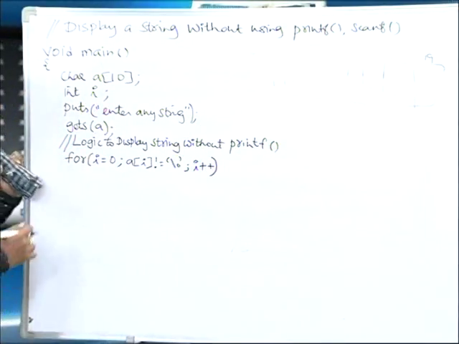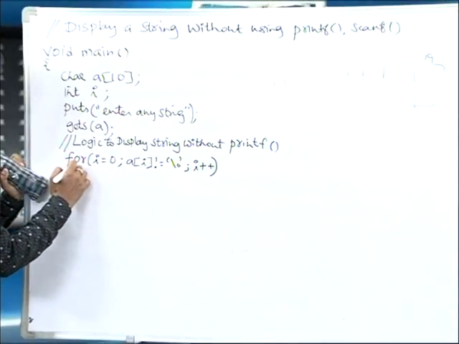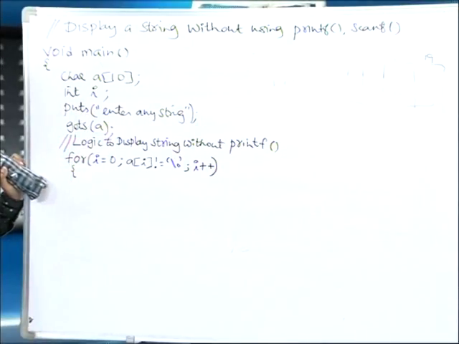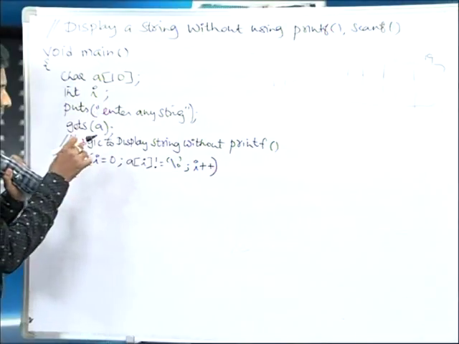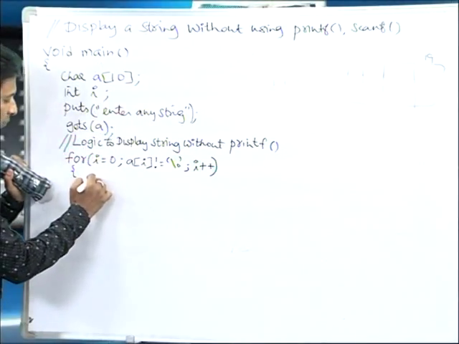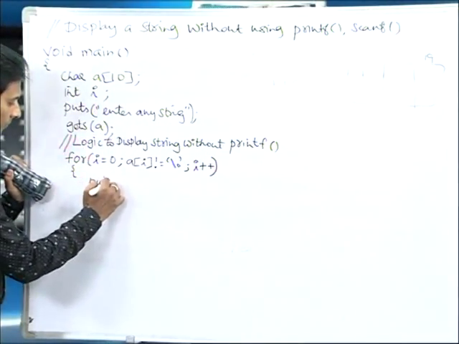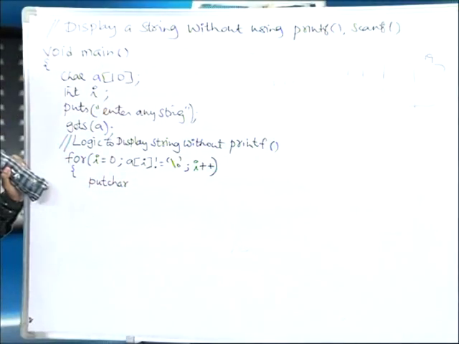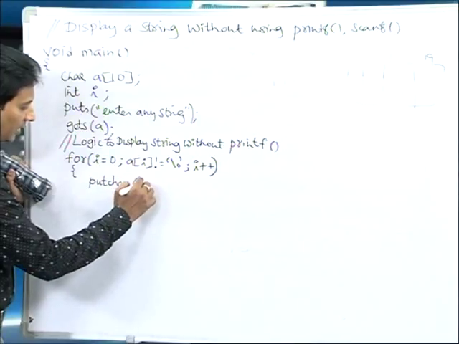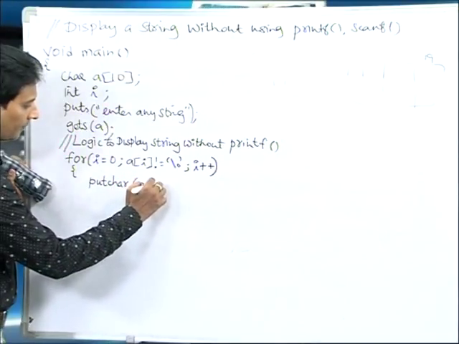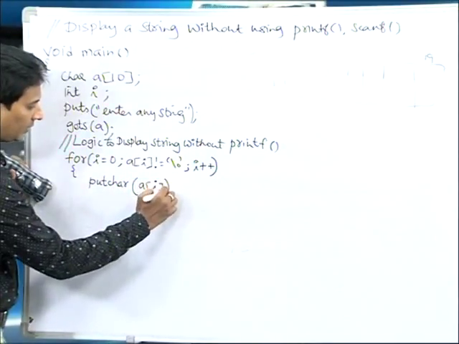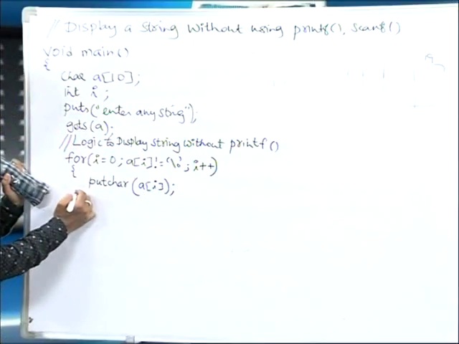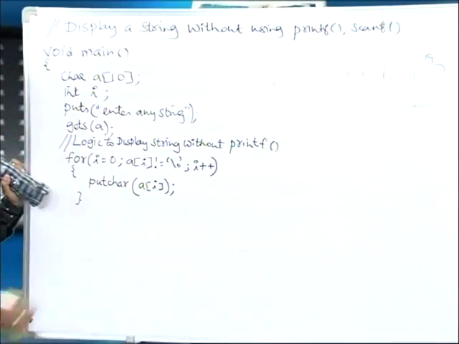So this is the loop. Now, entering the loop, I need to print each character, that is putchar of a of I. This is the end of the loop.